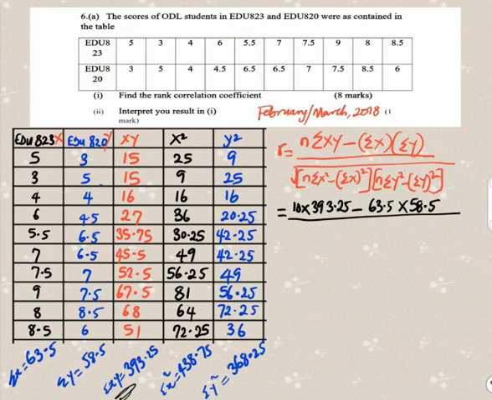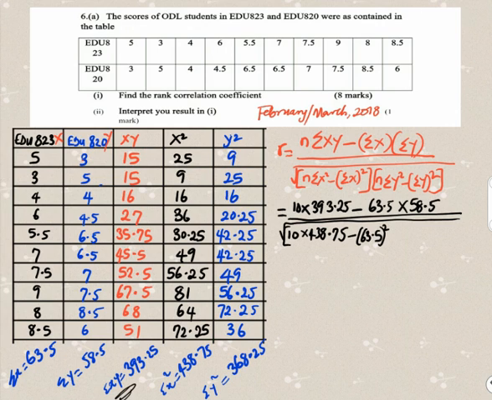and we have it all over the root of 10 times summation x squared, 438.75, and we have to subtract summation x, to be squared, 63.5.